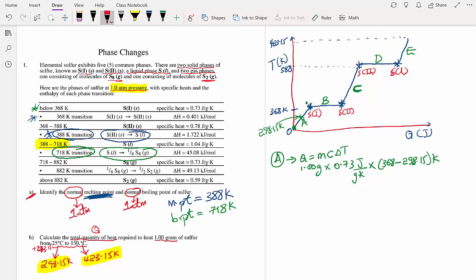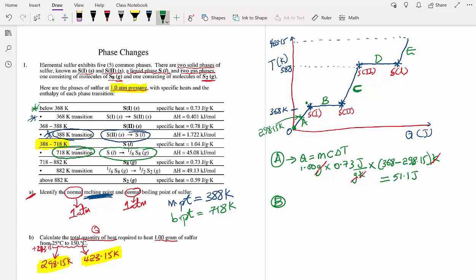If you cross out the units, grams will cancel out grams, Kelvin will cancel out Kelvin. It is always very important to follow the units. So for stage A, if you put all of these values into your calculator, you will get 51.1 joules.